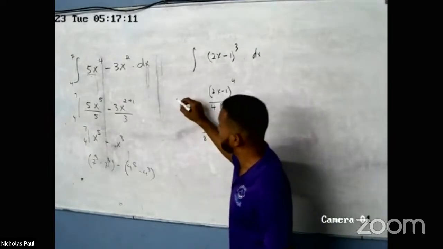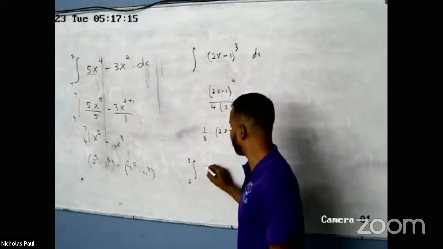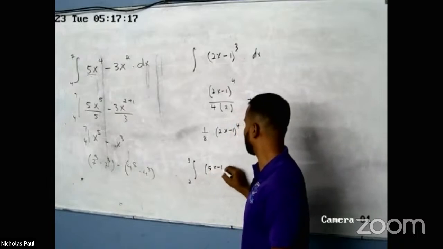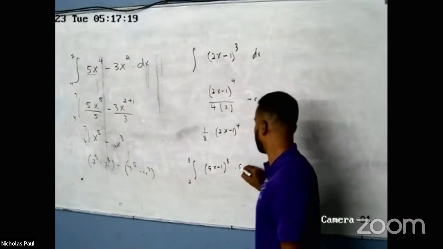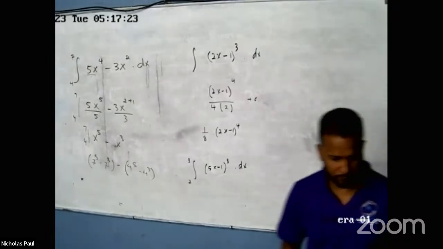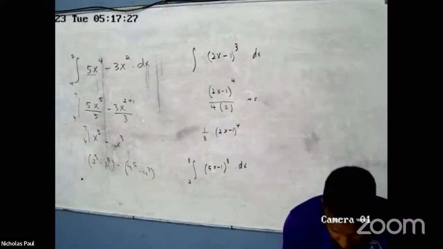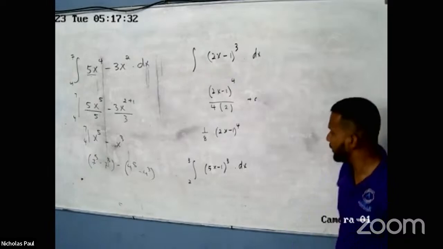Quickly, since you look like you put something here now, integrate this one, please. Integrate that and plug in your answer. Write the integral between 3 and 2 of 5x minus 1 cubed.